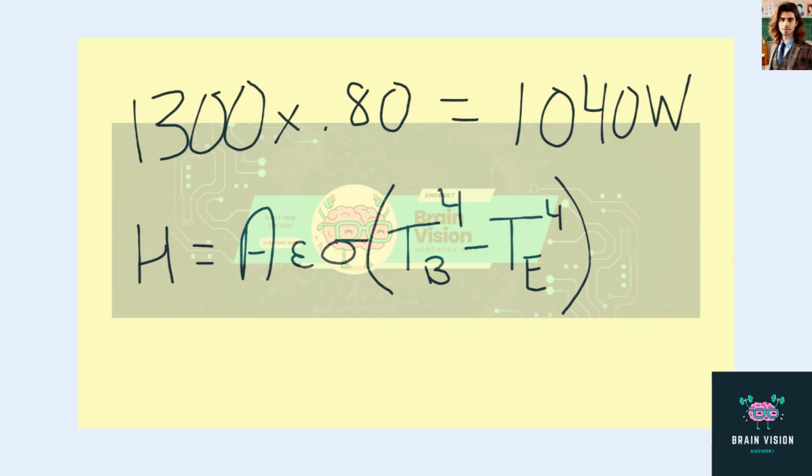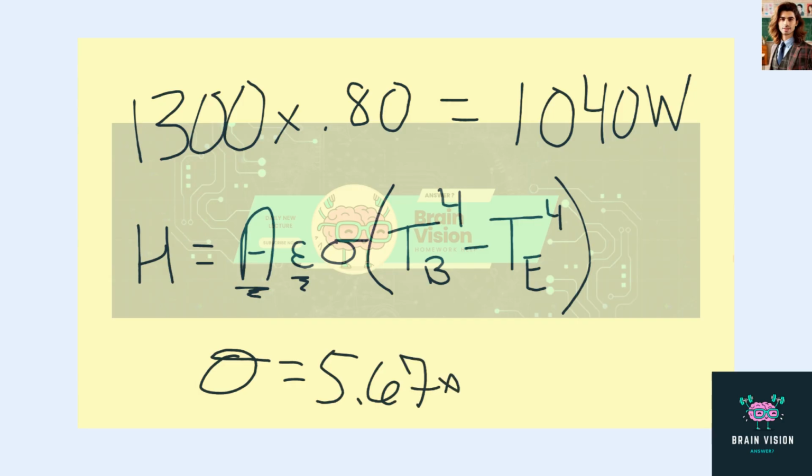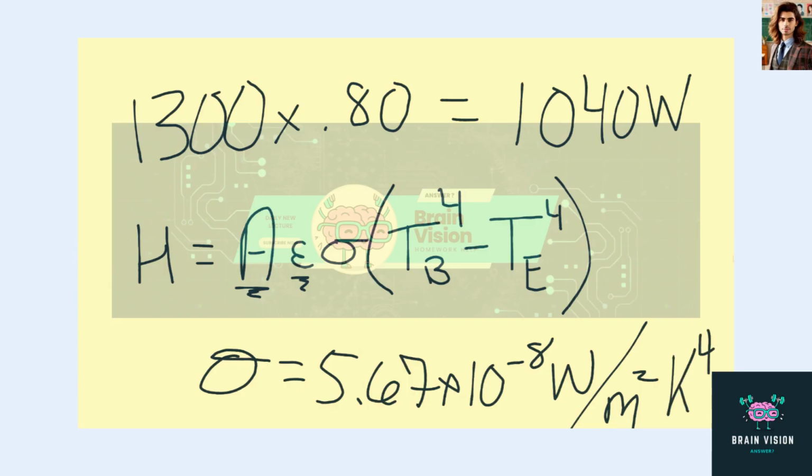In this equation, A is our surface area, epsilon is emissivity, it's 1 for our runner. Sigma is the Stefan-Boltzmann constant, and that is given as 5.67 times 10 to the negative 8 watts per meters squared Kelvin to the fourth.